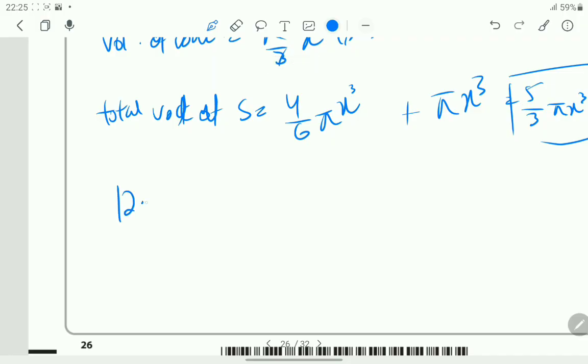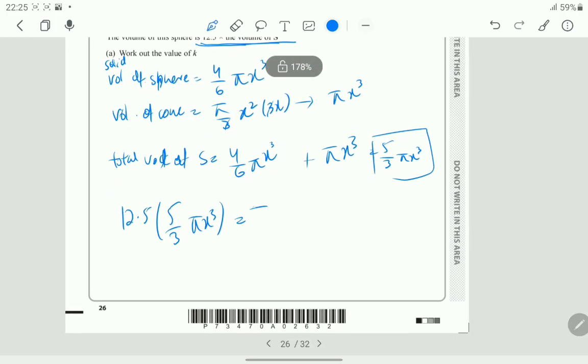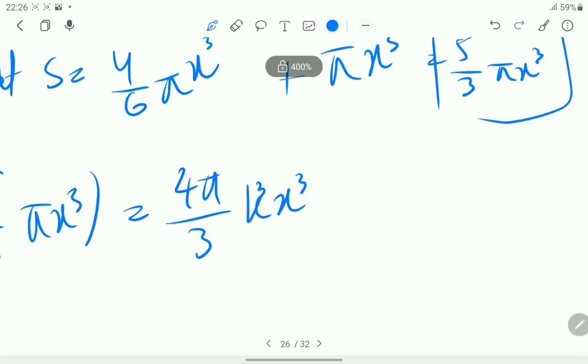So 12.5 times 5 by 3 pi x cube equals, there is a full sphere, so the formula for that would be 4 pi by 3, and its radius is kx, so r cube is k cube and x cube.